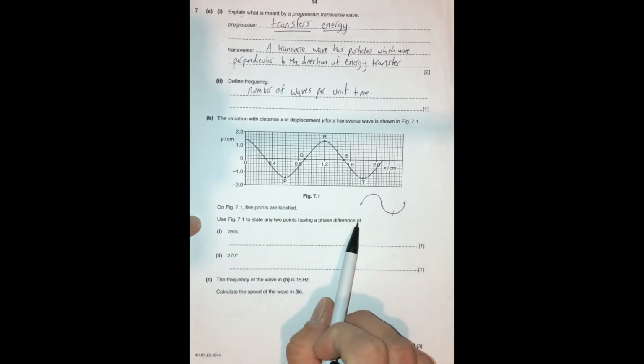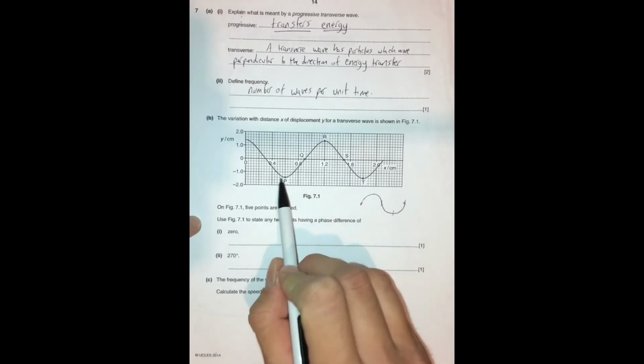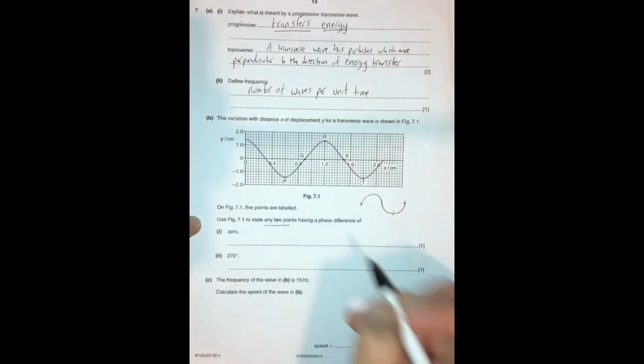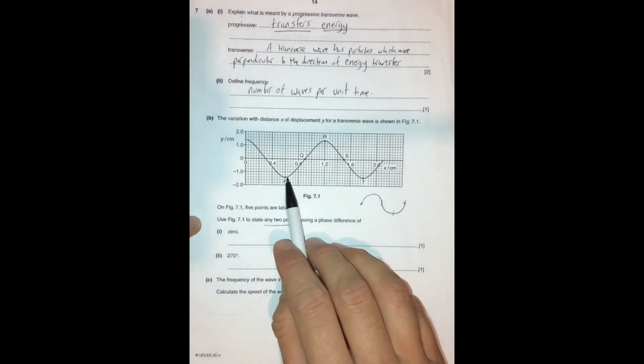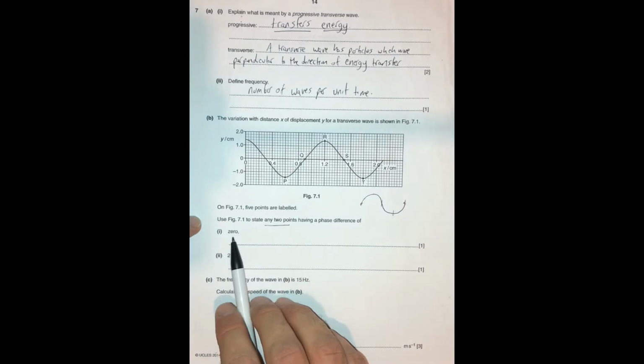A phase difference of 0 would be an identical point. Point P would have no phase difference with itself, but it tells us to state any 2 points, so we can't offer the same point and itself. We'd have to look for another point that has no phase difference.